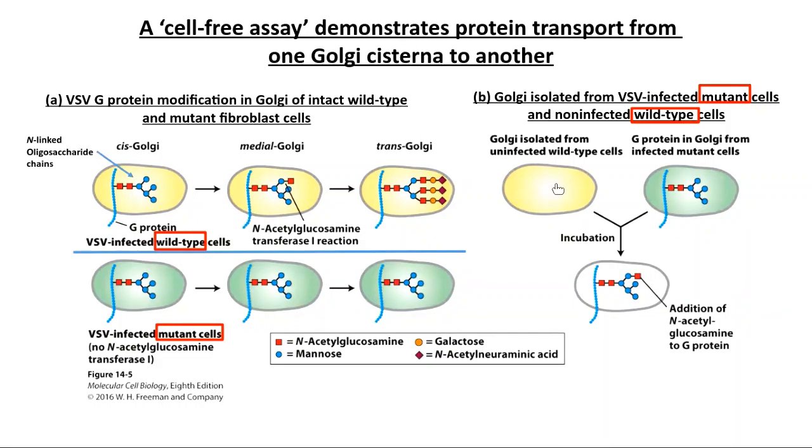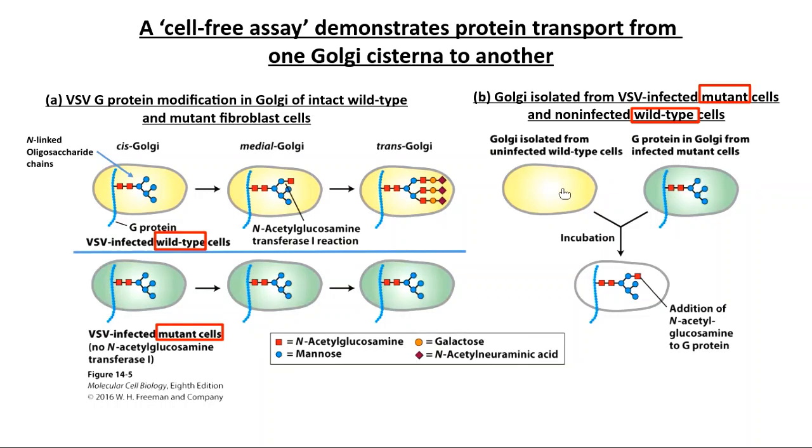But these compartment specific enzymes, remember that. So this is supposed to have this transferase 1, N-acetyl glucosamine transferase 1 enzyme. So when we fuse these together, incubate them together, what happens?